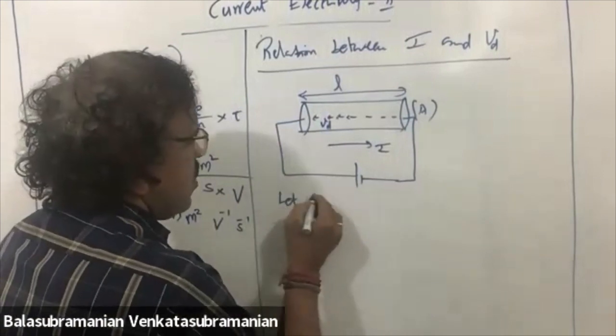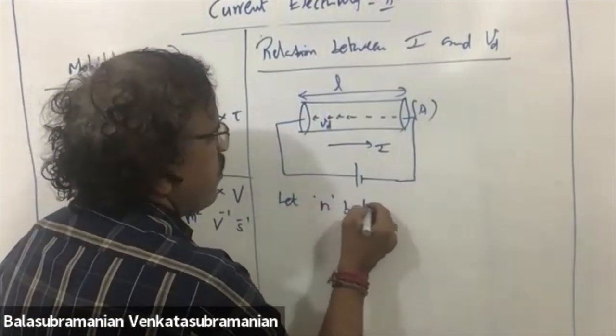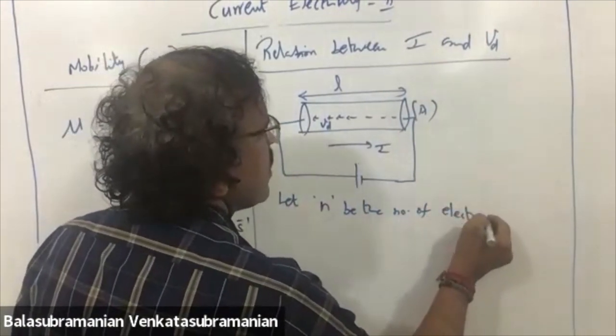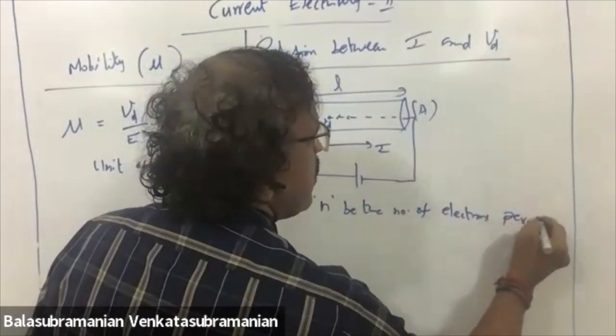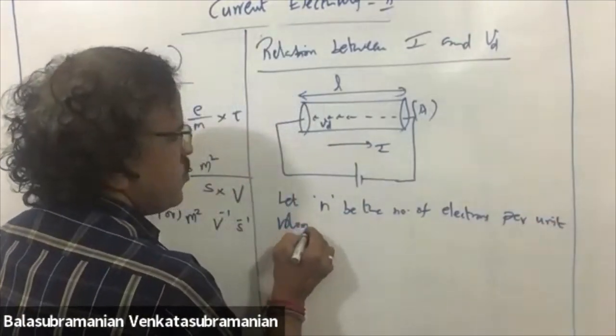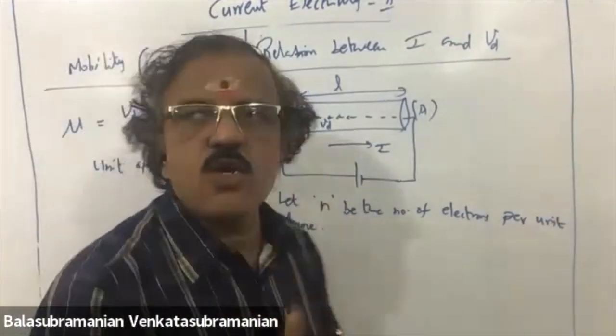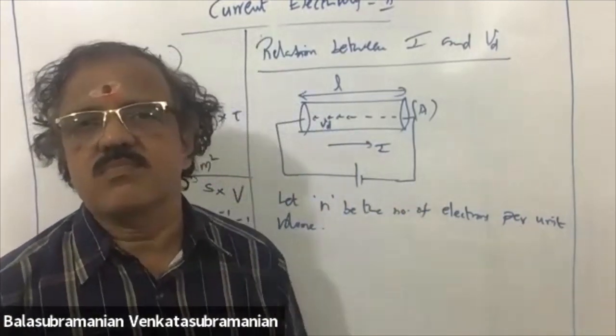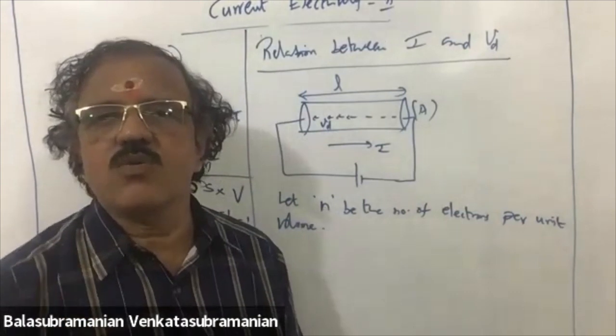Let n be the number of electrons passing through the wire per unit volume. That means for 1 meter cube volume, the number of electrons is small n.